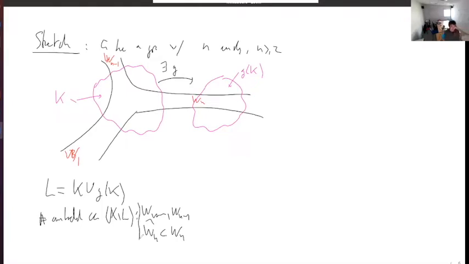Okay? So this means that when I look at my set L, I know exactly how many unbounded components I can have. Now the thing is that if I look at the complement of G of k, I know that I have exactly n connected components as well because G acts by a homeomorphism on my space.